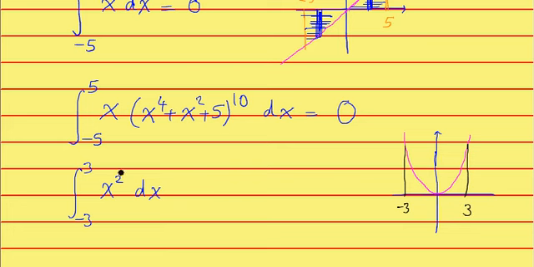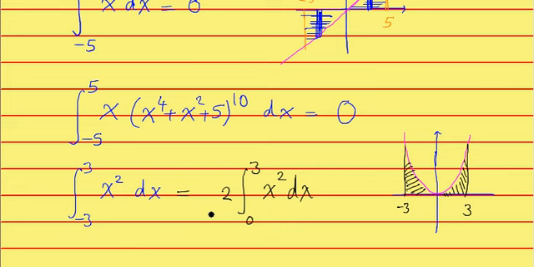We notice this function has symmetry with respect to the y-axis. Left and right are the same. So the area that you want to calculate here and the one here are identical to each other. This problem is saying add up all the areas. You might as well go ahead and calculate the area of half of the picture, this one, for example, on the right half, and double that up.